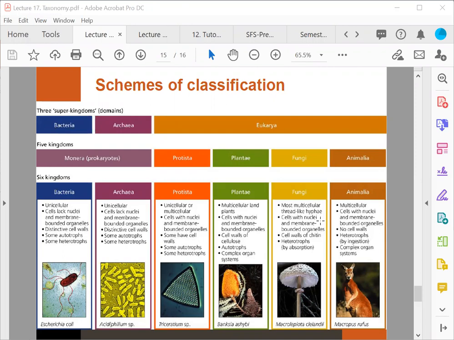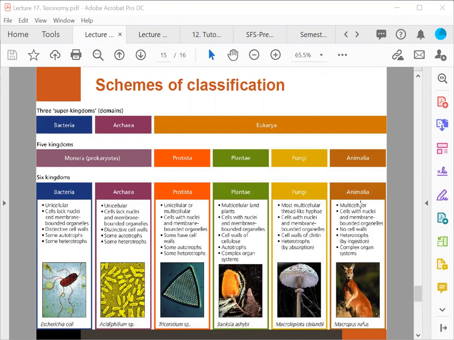And of course, think of the molds, and you'll be familiar with what this is referring to. Cells have nuclei, they have membrane-enclosed organelles, cell walls contain the substance chitin, and fungi, unlike Plantae, are all heterotrophs. Heterotrophs by absorption.